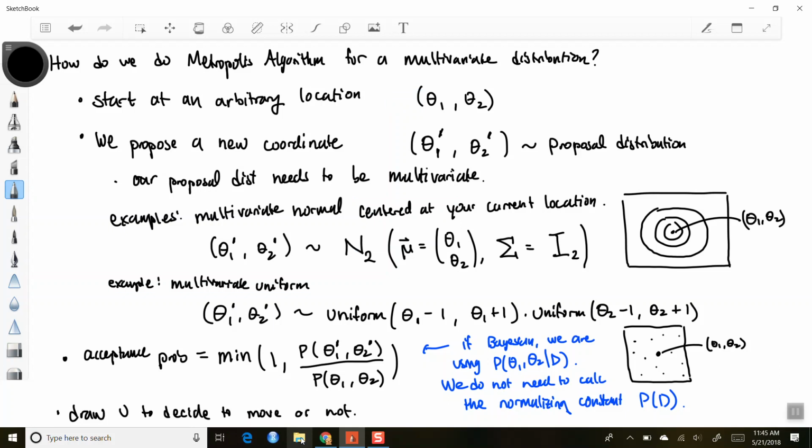so this is fine, but even this can become inefficient. Even the Metropolis algorithm can become inefficient because when it was unidimensional, you're just proposing a value along the line, and we're looking at, is this more likely or less likely? And if it's less likely, then you might reject it. Now, in two dimensions, we're proposing a value in a square or in a plane, right?